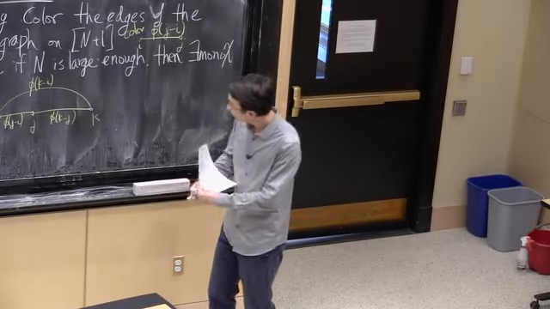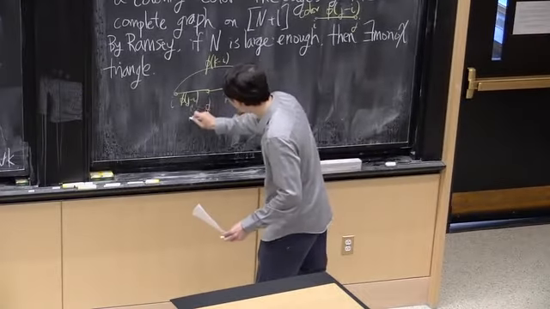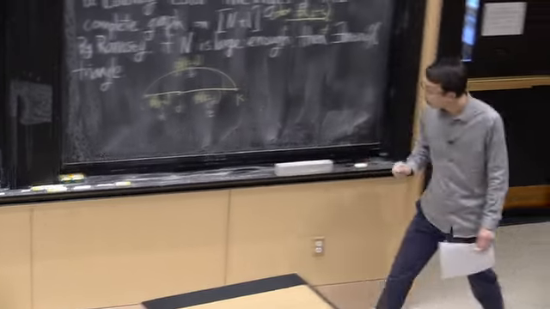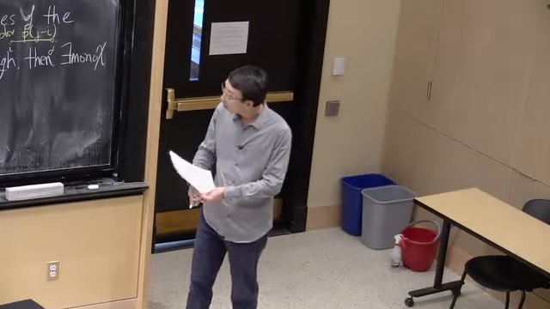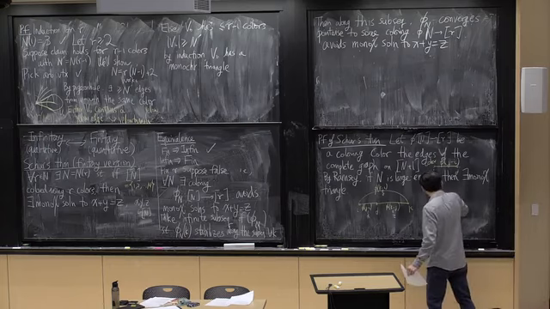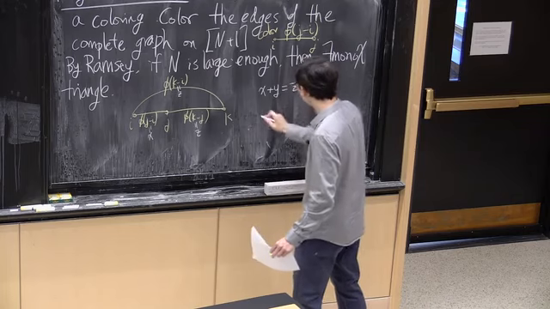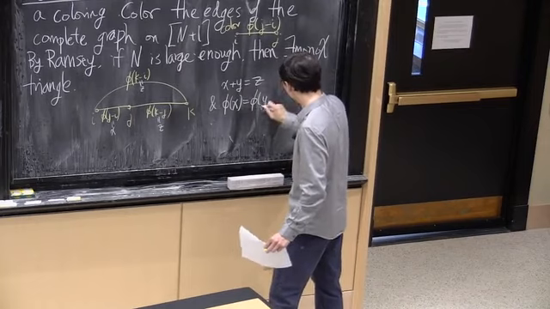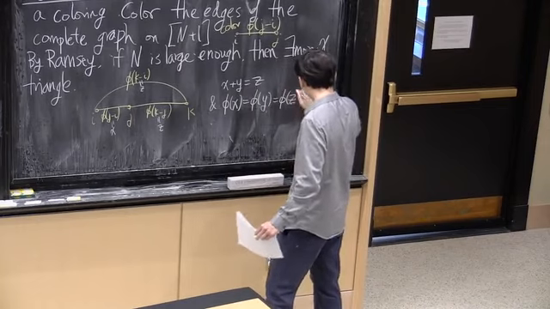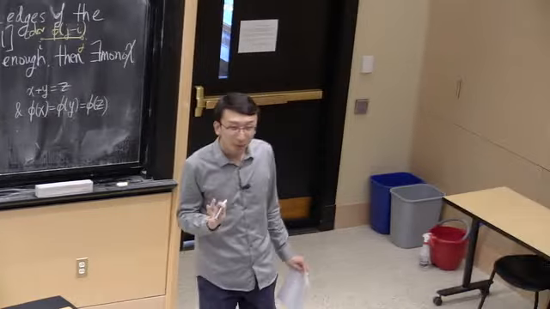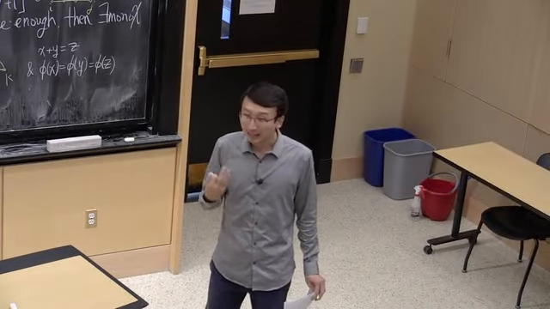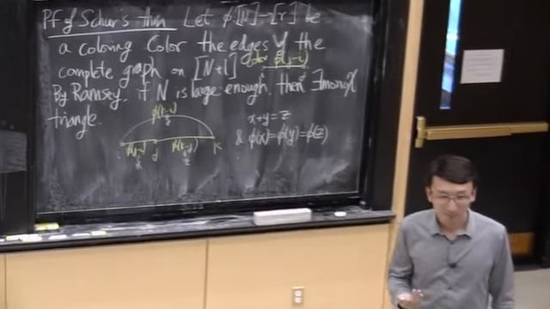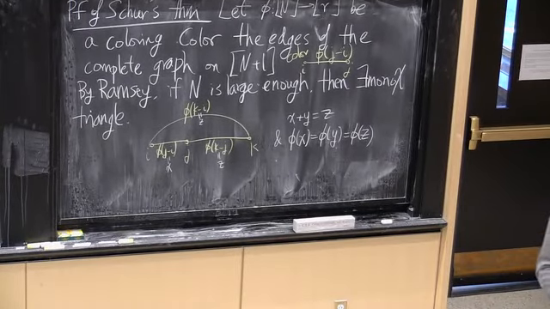But look, if I set these numbers to be x, y, and z, so x being j minus i, for instance, then x plus y equals z, and they all have the same color. So this monochromatic triangle gives us a monochromatic solution to the equation x plus y equals z. Thereby concluding the proof of Schur's theorem.